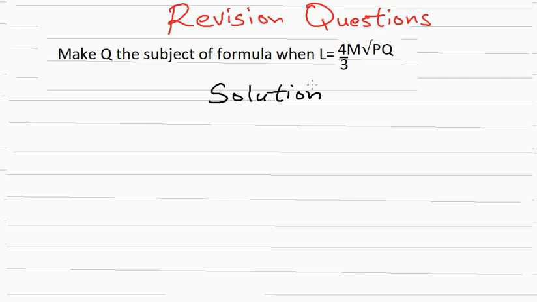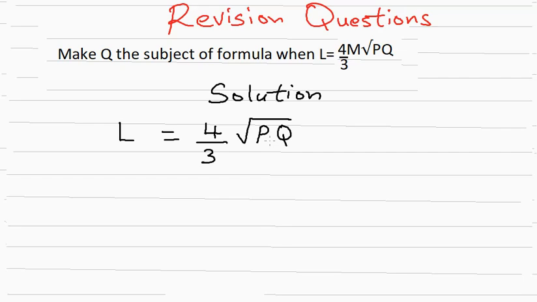The question goes this way: make Q the subject of the formula when L is equal to 4 all over 3, and of course, there's the square root of PQ.